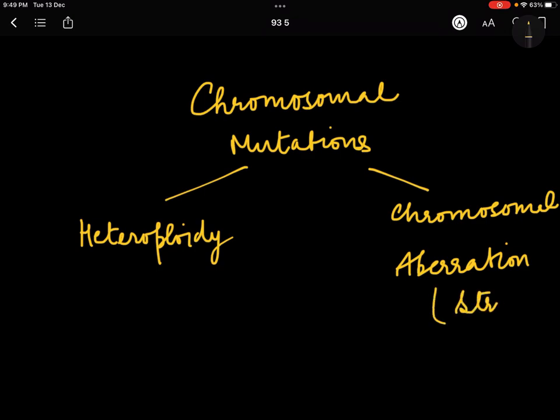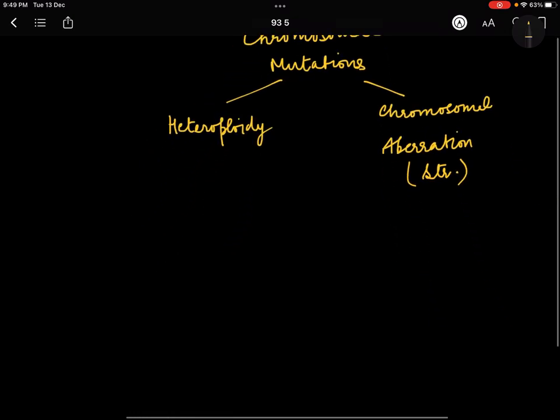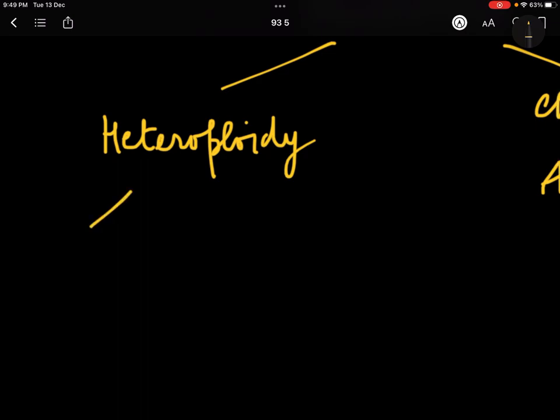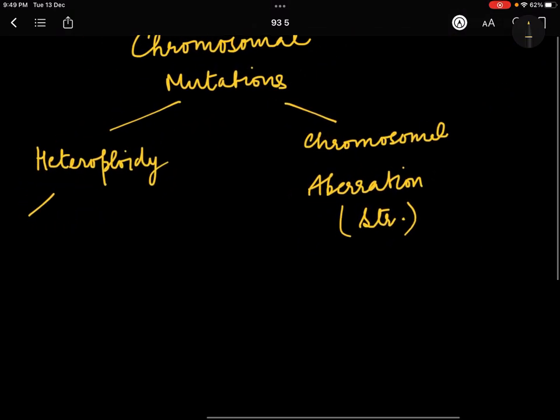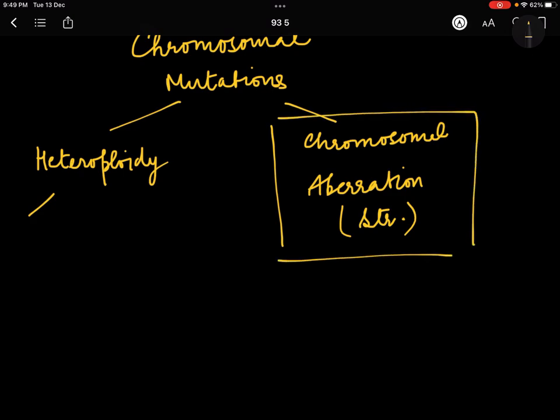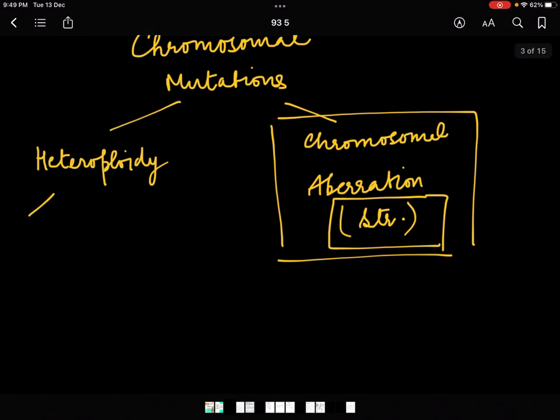So structure we are going to see today. In this we had already studied monoploidy, polyploidy, euploidy, aneuploidy, so all of that we had already studied. I'm not covering it again today because it is not the topic of discussion. Today we are going to do the chromosomal aberrations, that is, the mutations that take place in the structural aspect of the chromosome.